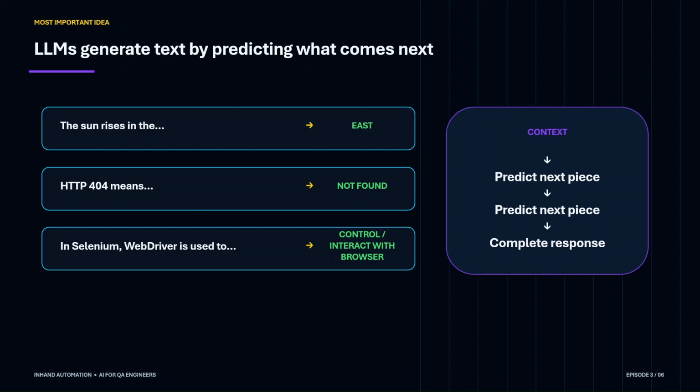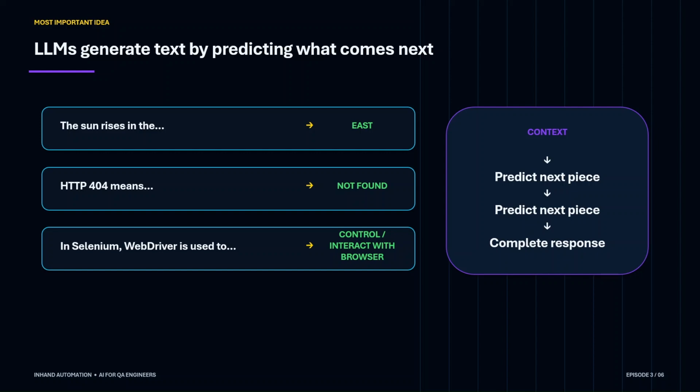Now, if I talk about Selenium, the WebDriver is used to, then you will say control or interact with the browser. So this is the basic idea behind the language model. You may be predicting something related to controlling, something we already learned as a pattern. So the model looks at the context it has received and predicts a likely next piece of text, then another, and this process continues.